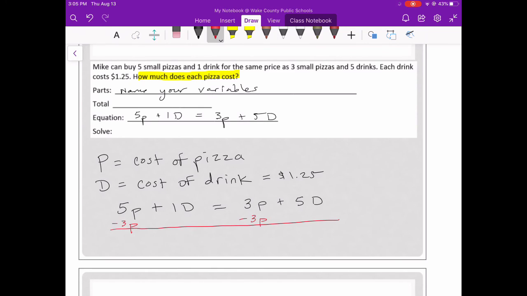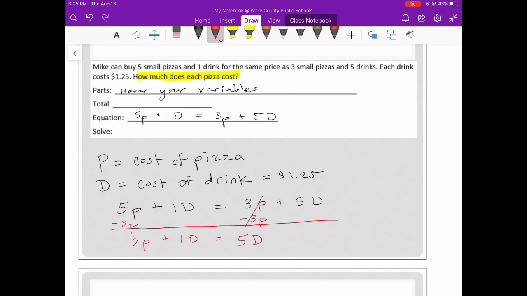Okay, so 5p minus 3p is 2p. Bring down my 1d, because nothing was added to it. 3p minus 3p is 0, so it's no longer affecting my problem. But I am left with that 5d, or the cost of 5 drinks.